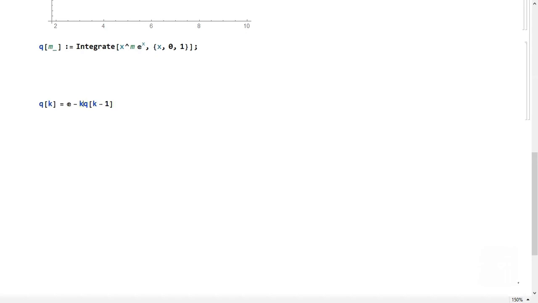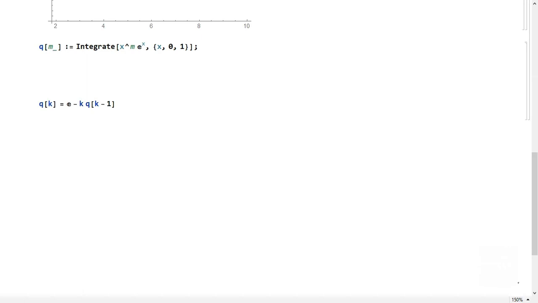Let me put a space there so that Mathematica doesn't get confused. As you can see, we can start from k equals 1, that is my dummy variable being summed over while we evaluate the recursion relationship.